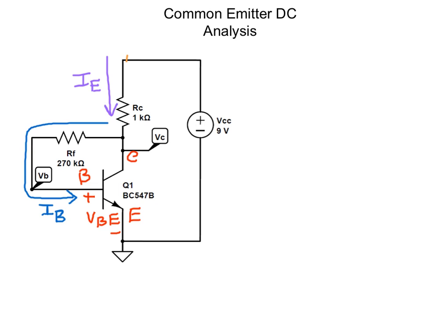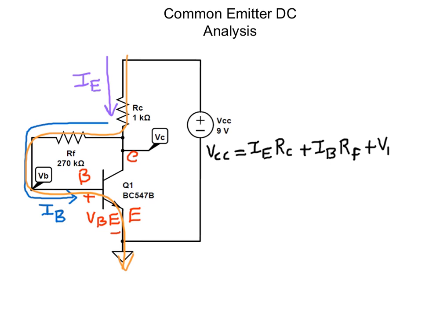If we apply KVL across this network, we can write VCC equals IE RC plus IB RF plus VBE.